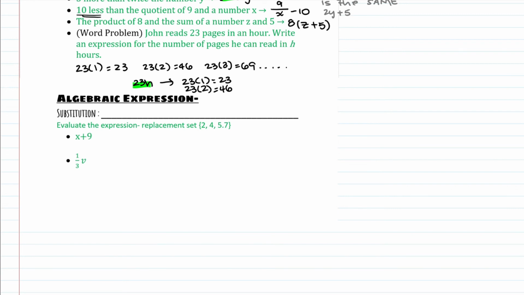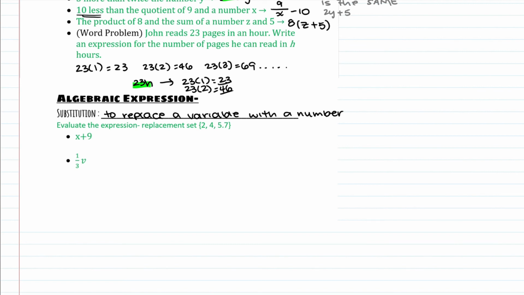Now, moving on to algebraic expressions. Let's define substitution. Substitution is to replace a variable with a number. I already gave you an intro over here, and how you could replace the number of hours, as in 1, 2, 3, for h, and you would get the same output, which is 23, 46, 69, and so on.